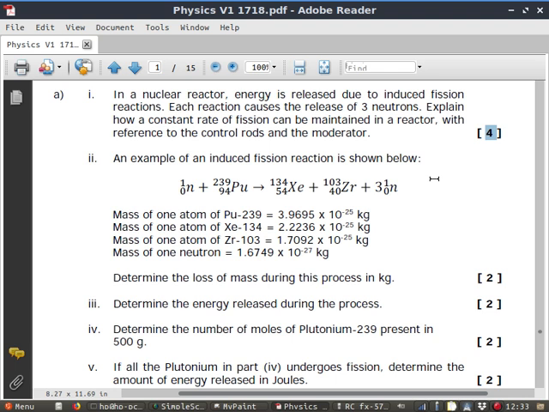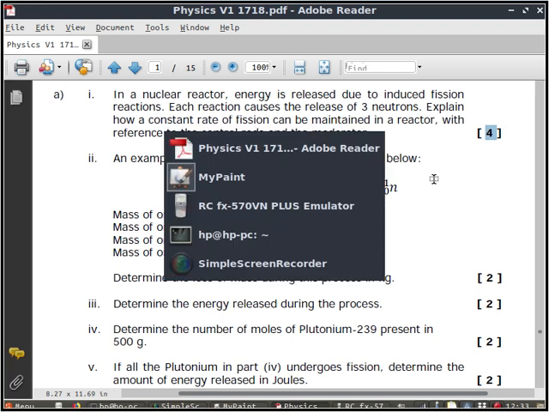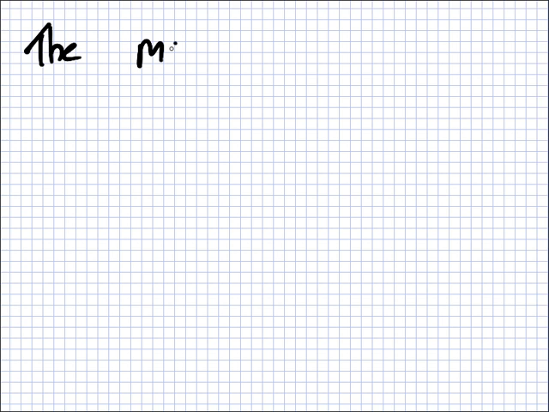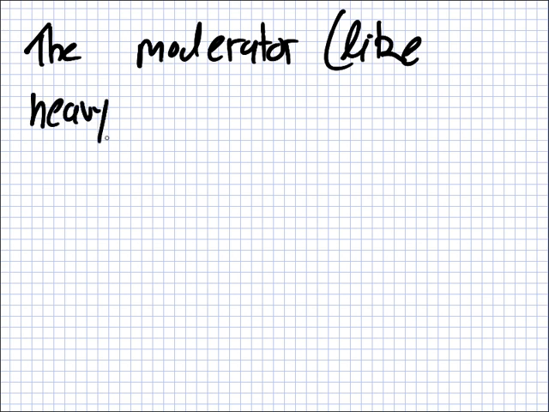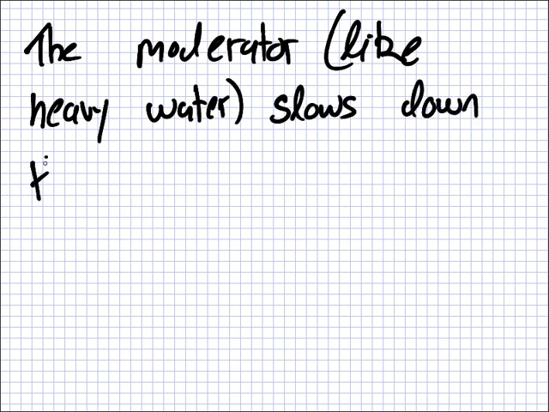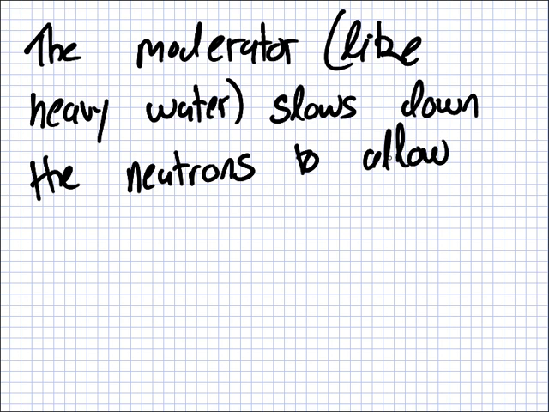Explain how a constant rate of fission can be maintained in a reactor with reference to control rods and the moderator. Okay, so I think I'll start first with the moderator. I'll say the moderator, like heavy water, slows down the neutrons to allow fission.